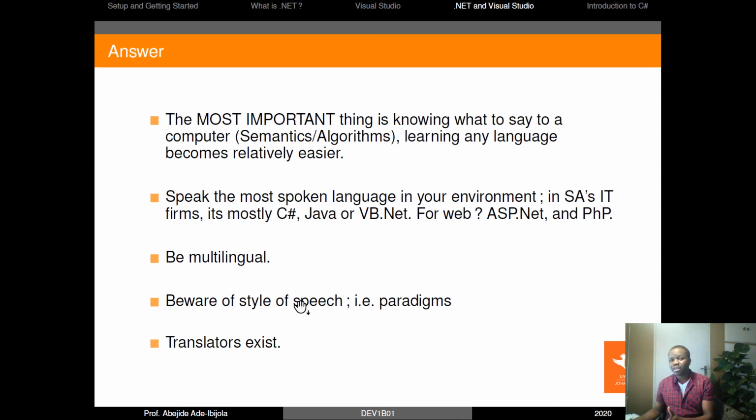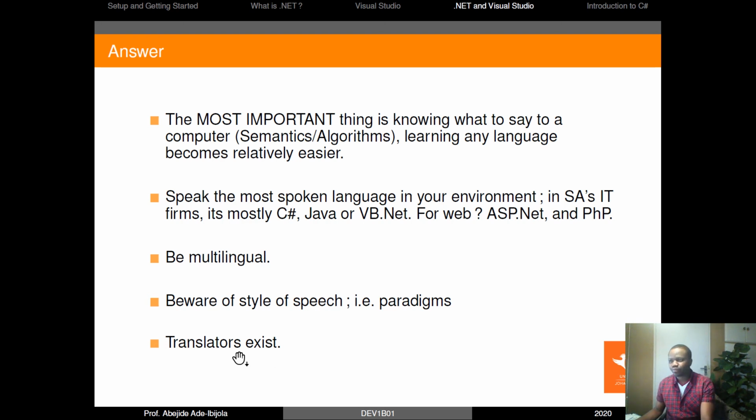But when the paradigm is different, for example, a very strange paradigm to you guys would be functional programming paradigm. Extremely different. Functional programming uses different kinds of designs. So if you learned Java and you want to learn a functional programming language, you might struggle a little bit to get yourself going. Then ultimately, it's nice for you guys to know that there are translators that exist.